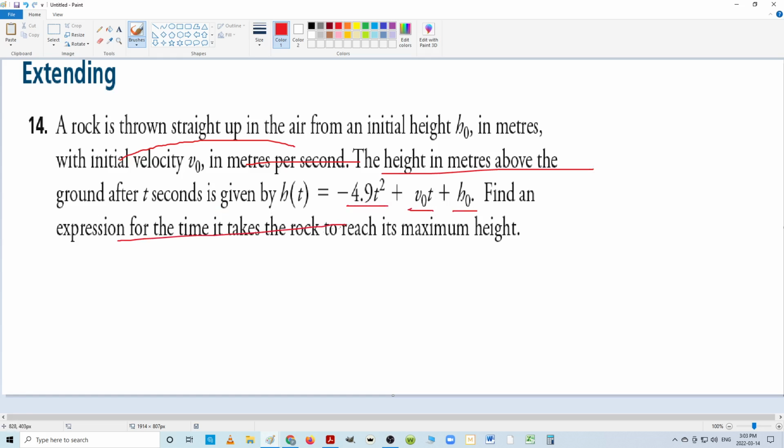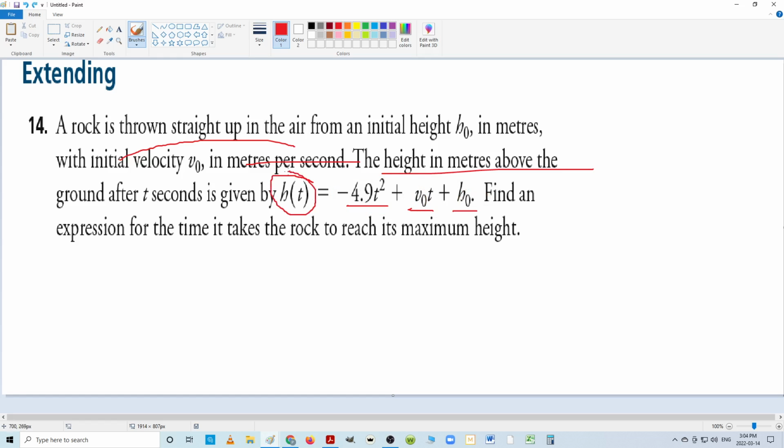Find an expression for the time it takes for the rock to reach maximum height. Okay, so maximum height will be a completion of square of this without any numbers, and the x value will be velocity, and the y value will be height, I think.